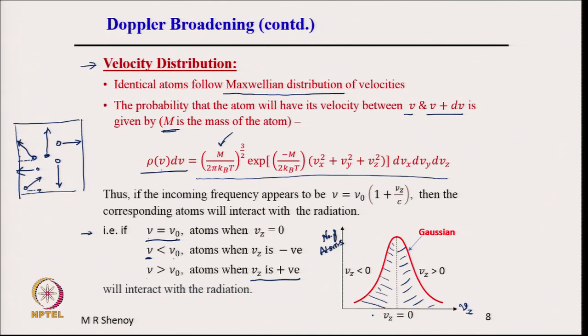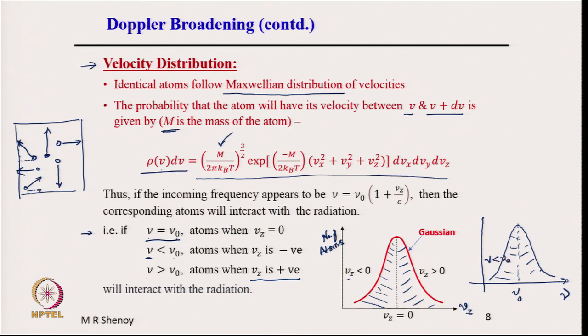If I were to plot a graph of the number of atoms as a function of frequency nu, then also I would get, around nu 0, atoms interacting on both sides. So, this is the distribution of atoms interacting with radiation. On this side the incoming radiation nu is less than nu 0.